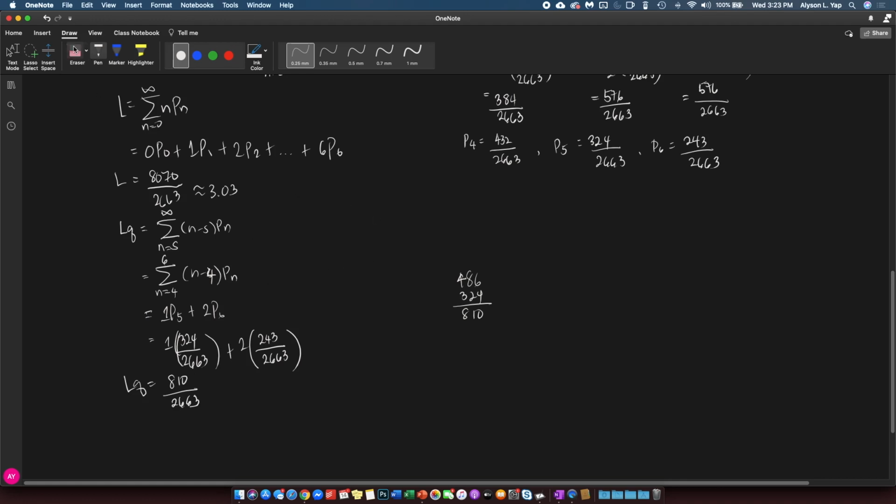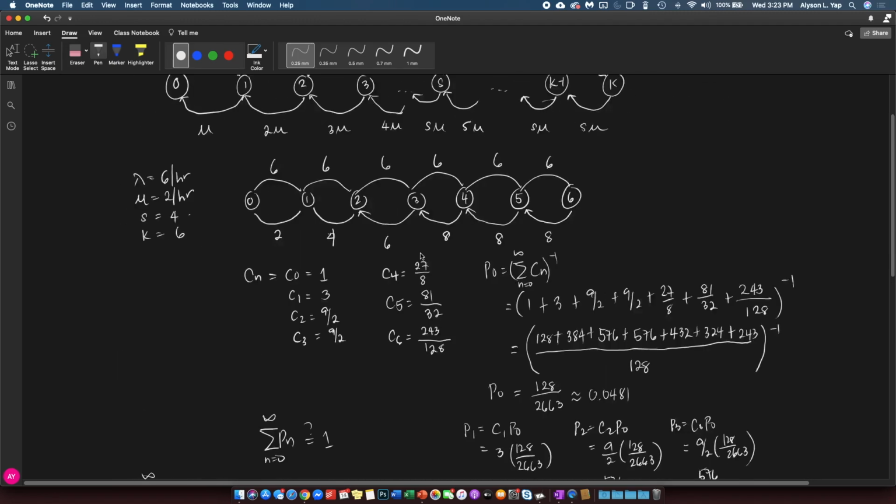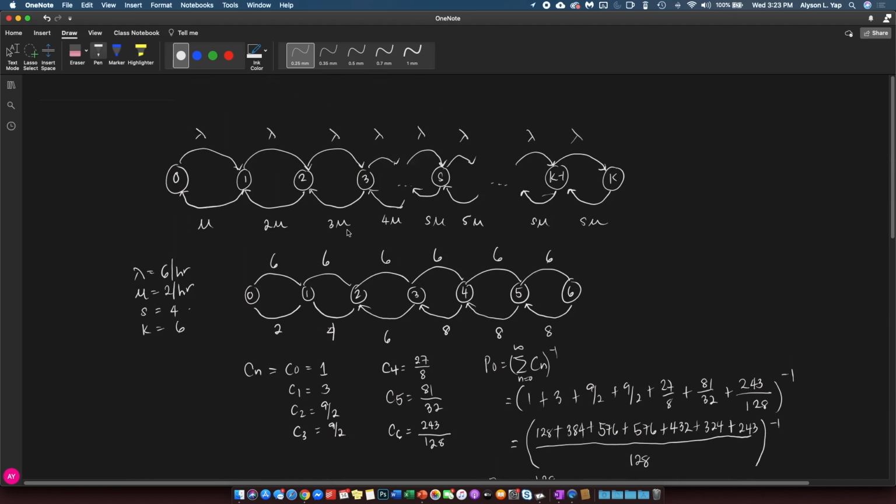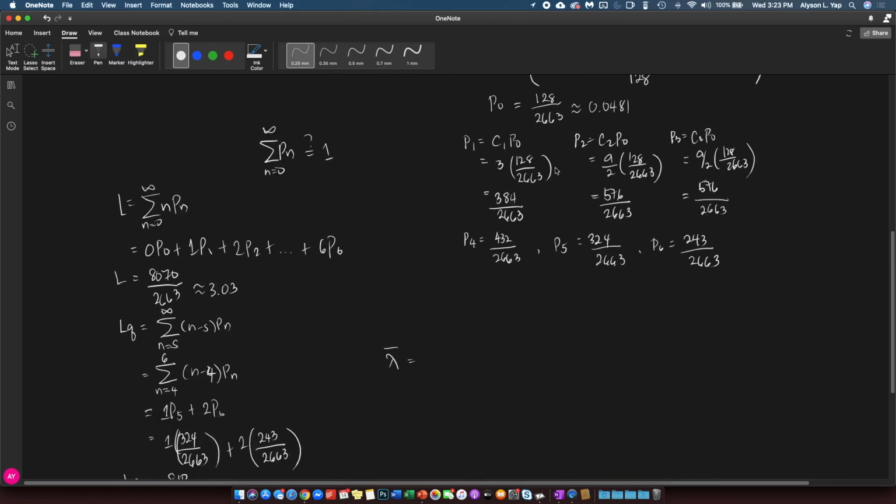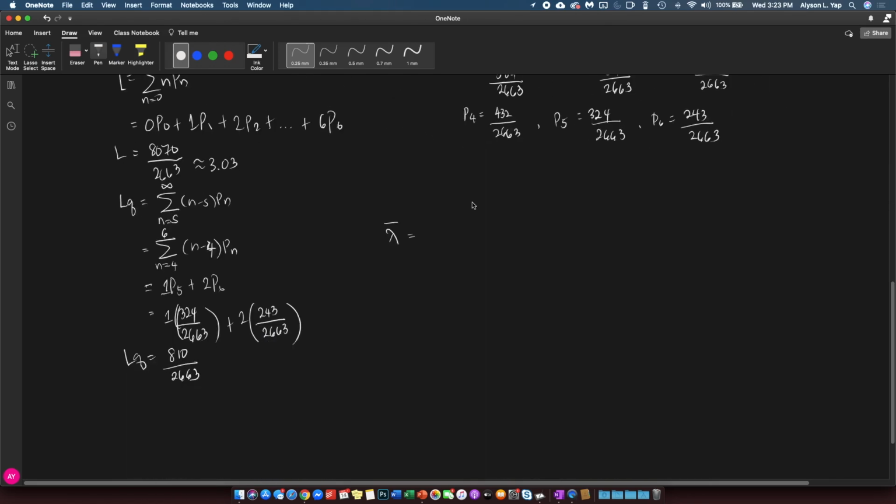And then from here, you can just simply get your lambda bar. Lambda bar is just, if you look at your rate diagram, your lambda are the same except for the last, because the last lambda is 0. And therefore, lambda bar is still lambda times 1 minus p sub k, or in this case, p sub 6.